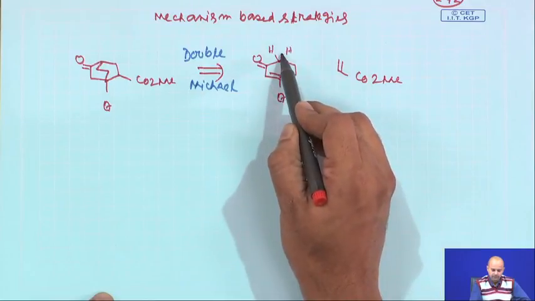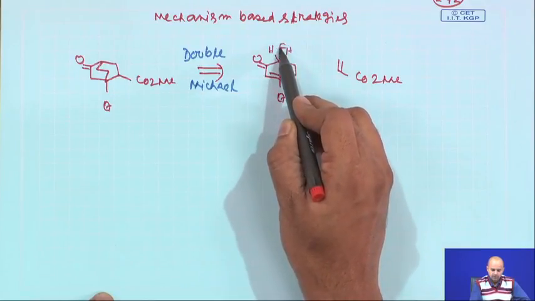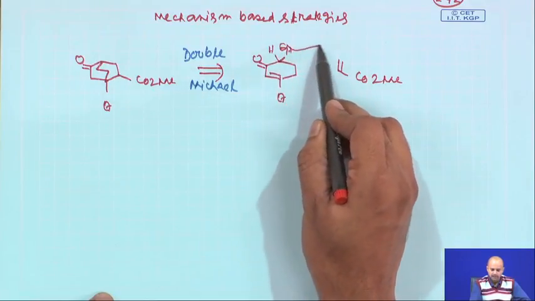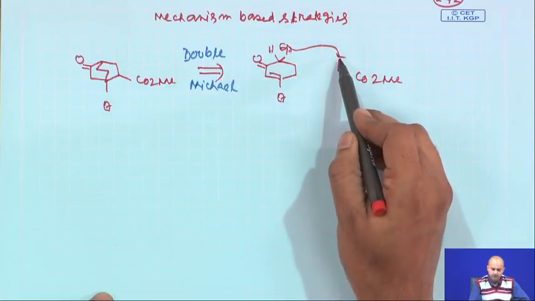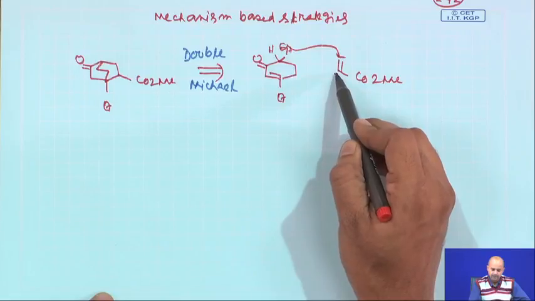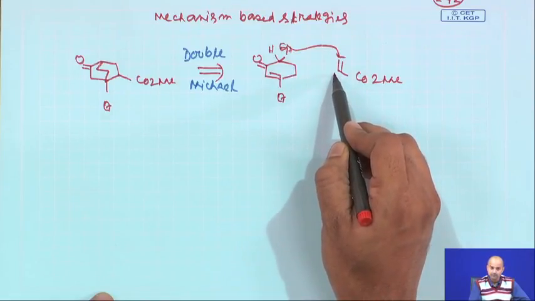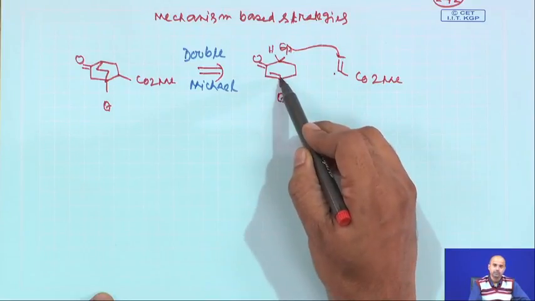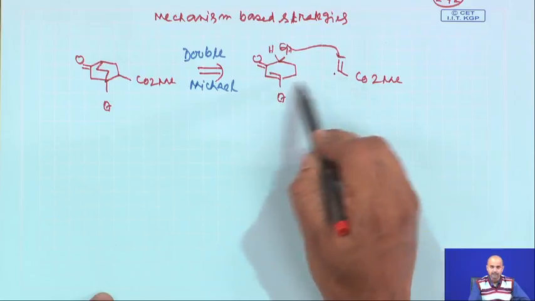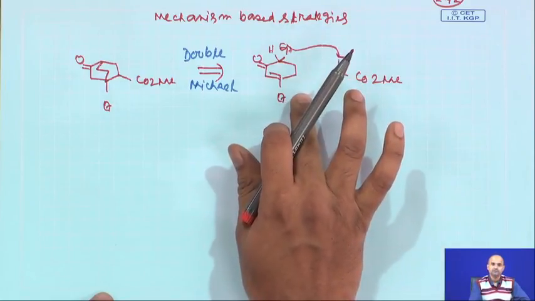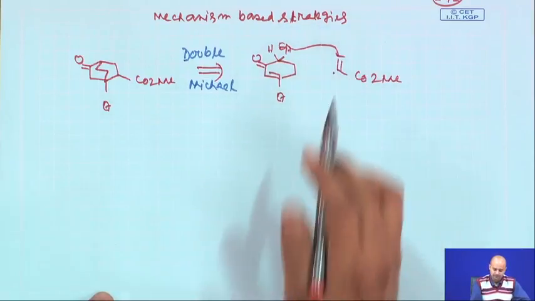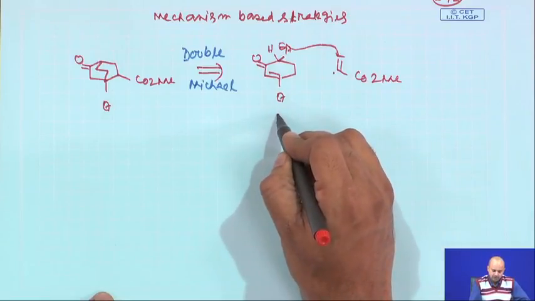So, the hydrogen can be easily picked up to generate a nucleophile, which attacks here. Once you attack here, this negative charge now comes here. Now, this negative charge, acting as a nucleophile, attacks in a Michael fashion at this carbon. So, if a double Michael takes place, your synthesis is quite attractive and feasible.